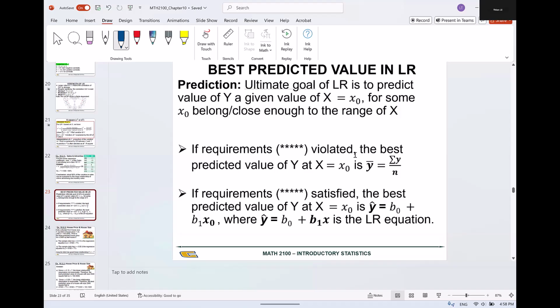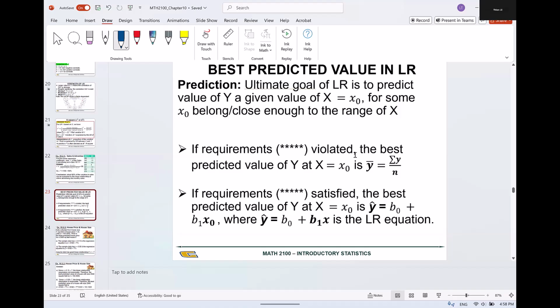Basically, the best guess we use is just the average, because we need to provide an evidence-based guess. If you don't have the theorem working out, naturally people will just look at the average value, y bar.